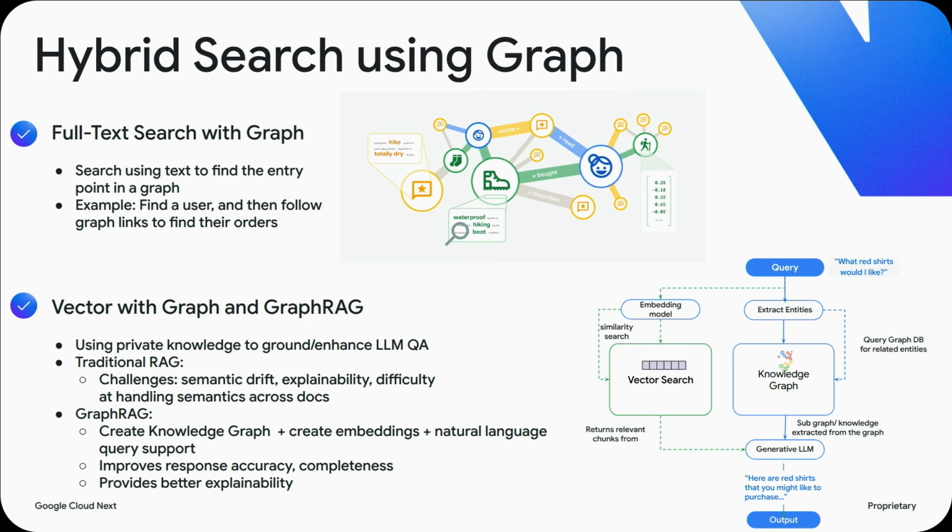But how do you find the node you want to look for? Typically, people use some sort of secondary index, exact match or something. But you can use a full text index. You can use a full text search to find your starting node, rank it, get the most relevant, let's say 10 nodes, and then do your retrieval. Again, a simple search query in SQL. It's all in SQL.